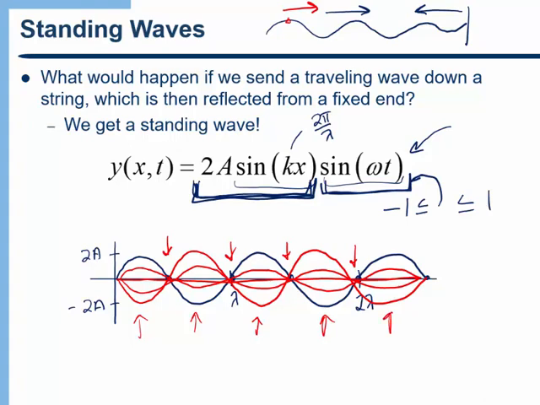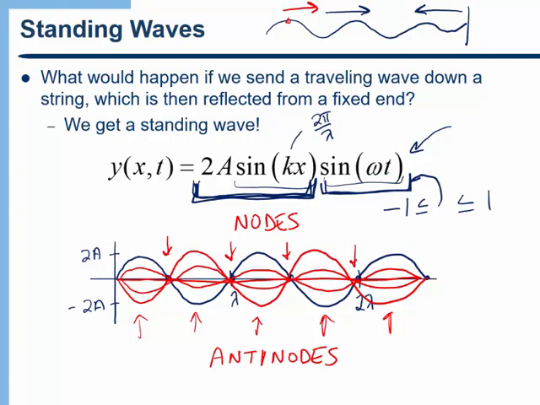Those places where the string is moving a maximum amount we call antinodes. And the places where the string doesn't move at all are called nodes. And so we call this a standing wave because now we no longer have movement along the string.